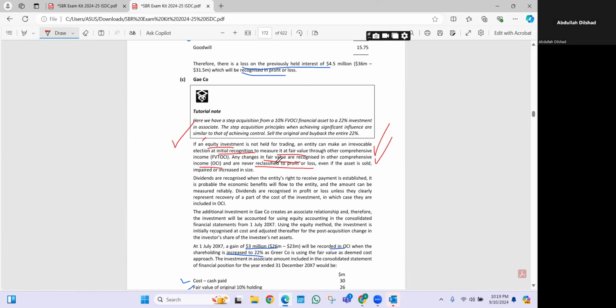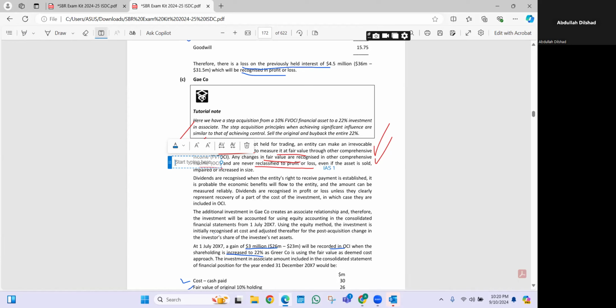This part is IAS 1. What do they say in IAS 1? Normally, any unrealized items we record in OCI. Any realized items we record in PNL. You can find this in your Kaplan study text, first chapter, I guess, under the conceptual framework. IAS 1 is there. Study that and you'll be able to find it. There's something called reclassification and non-reclassification.